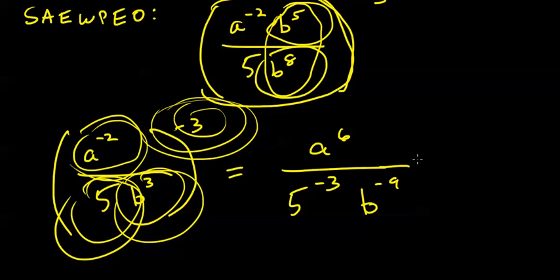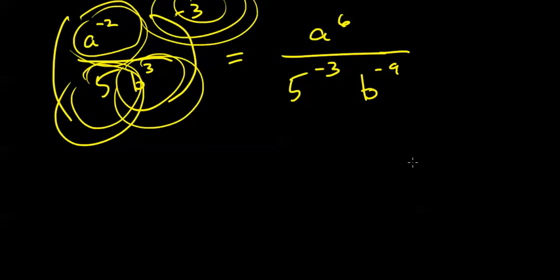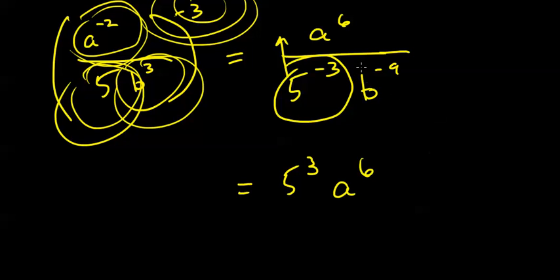Alright, so if I grind this out, 5 to the minus 3 power can come upstairs as 5 cubed. A to the 6th power is already upstairs. B to the minus 9th power comes upstairs as b to the 9th power.